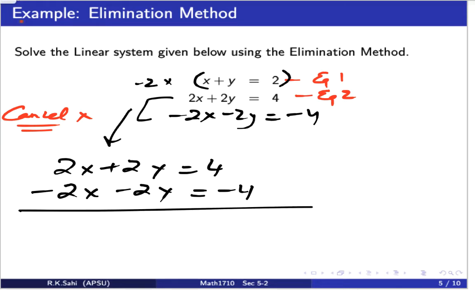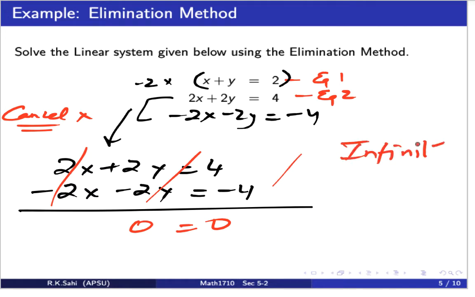What happens when we add? Everything cancels out. What do you see? 0 equals 0. Now, when you get the scenario where 0 equals 0, that means you have infinite solutions.